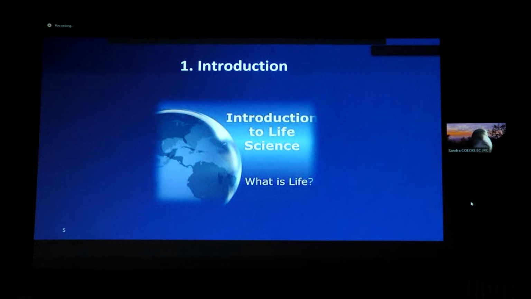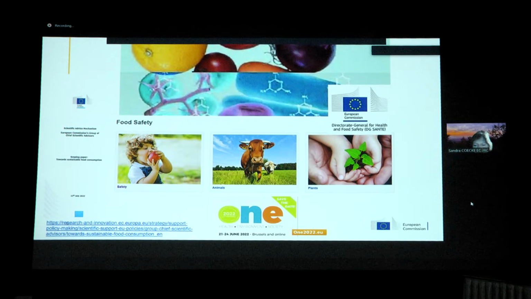So I've been working, in a way, 30 years in life science. And as I just mentioned, One Health. So I'm working now at the European Commission Joint Research Centre. This is the research arm of the European Commission.